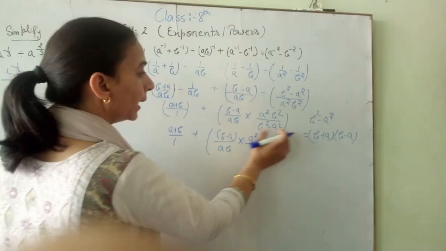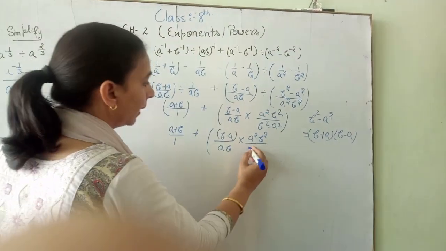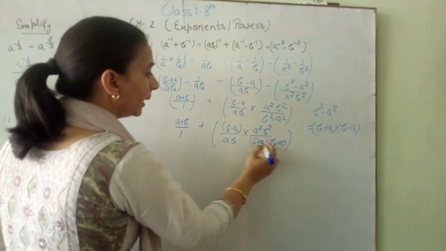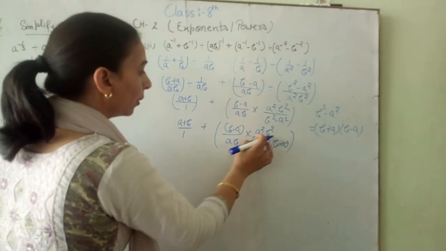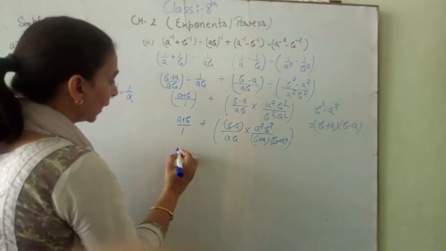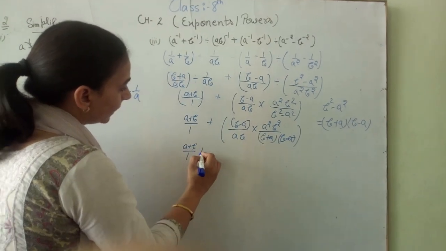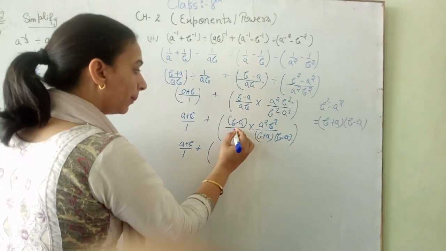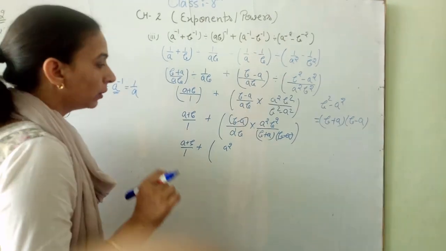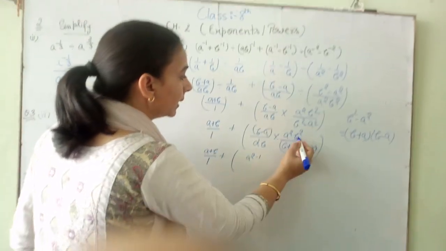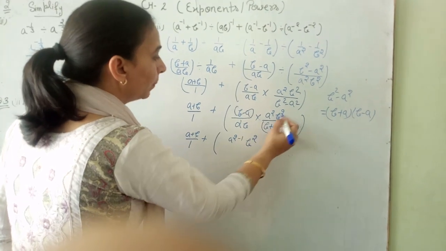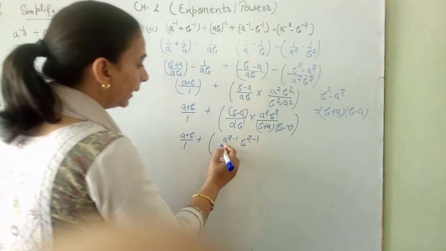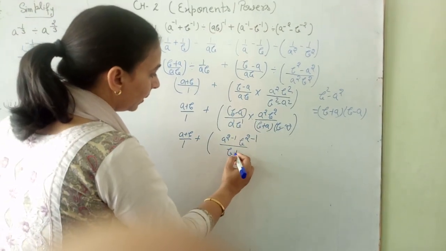Then if we write in place of this b plus a, b minus a, then b plus a and b minus a, b minus a cancel. Then according to the quotient law we solve it. A plus b by 1 as it is, plus a raised to the power 2 and a raised to the power 1, then by the quotient law the power should be subtracted, minus 1. Same, b raised to the power 2 and b raised to the power 1, then the power should be subtracted, minus 1, and divided by b plus a, b plus a.